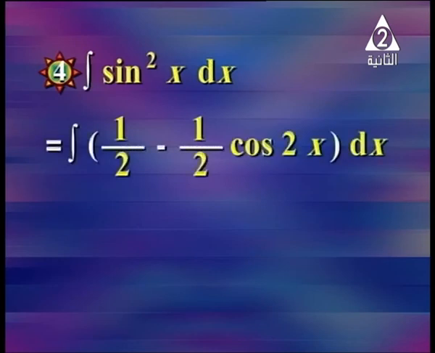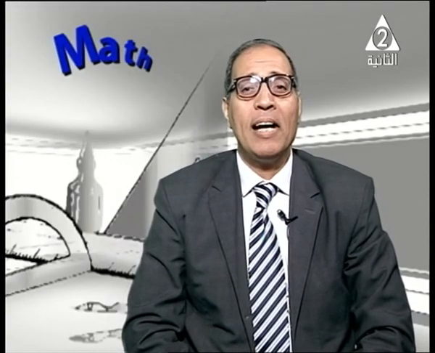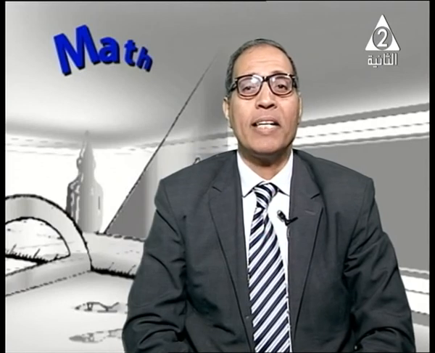Number 4. What is the integration of sine square x dx? Excellent student. We replace sine square x by using the second rule: 1 over 2 minus 1 over 2 cosine 2x dx. Remember, dear student, we do not have an integration formula for sine square x directly.